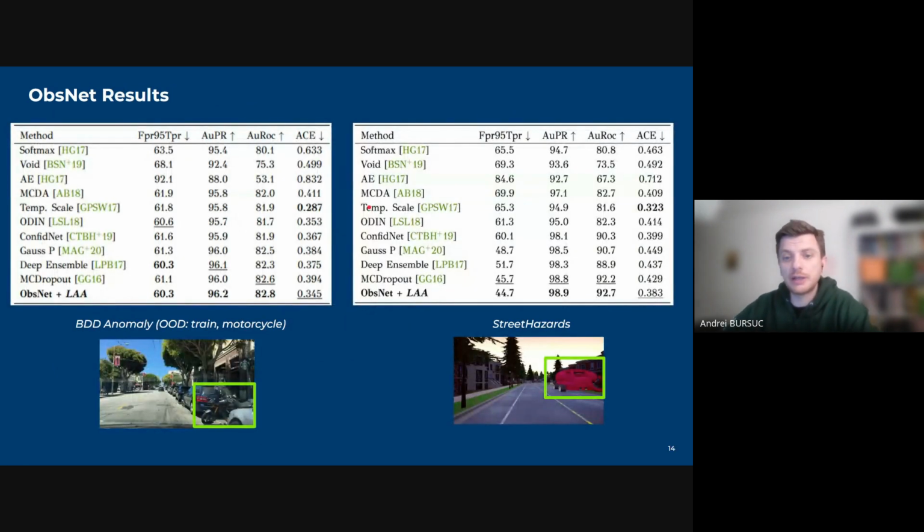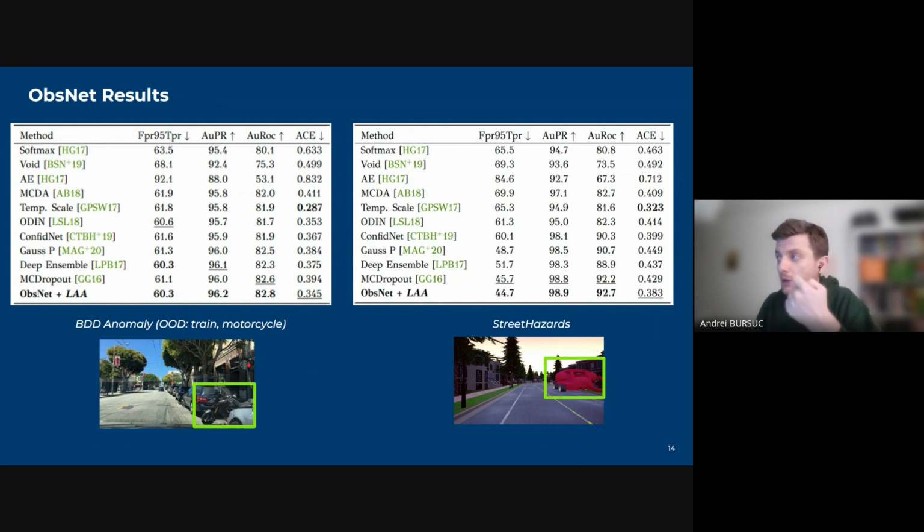So when we analyze the performance of OPSNet, in this case, we looked at two data sets for out of distribution detection. BDD Anomaly, which is a subset of the BDD data set, where we have removed the classes train and motorcycle from the train set, but we see them coming back at test time, and we are looking at the performance when predicting on these classes.